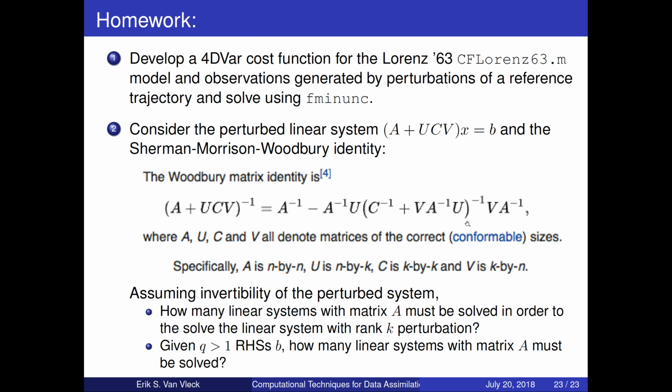Notice that some of the linear system solves don't involve the right-hand side. For example, we don't want to explicitly form A inverse. We want to solve linear systems with the matrix A. So to form A inverse U, we would in fact solve K linear systems with the K different columns of U.